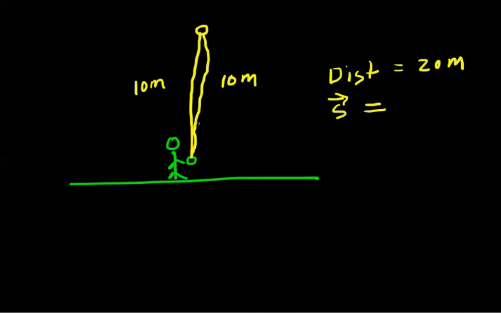So the length between the starting point and the ending point is 0. So we can say displacement here is equal to 0 meters. This brings us to the third difference: distance will never be equal to 0, but displacement can be equal to 0.